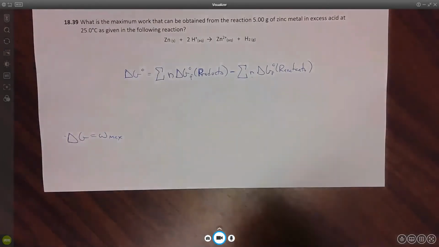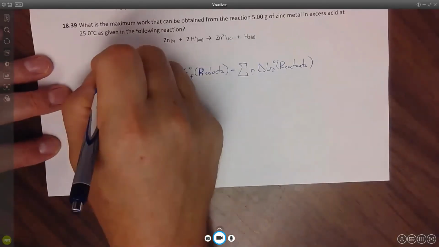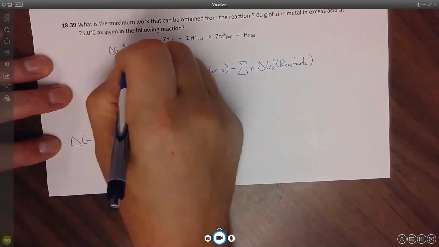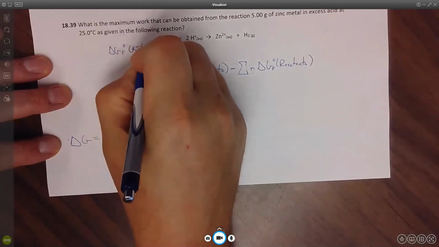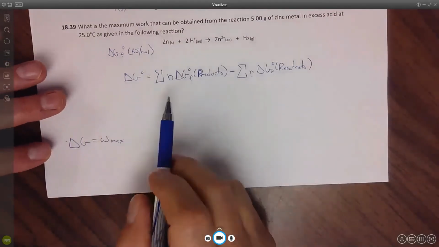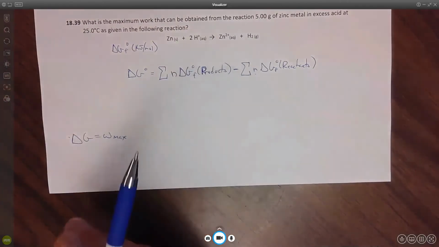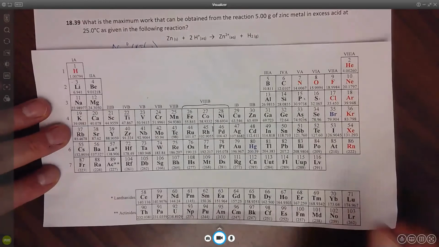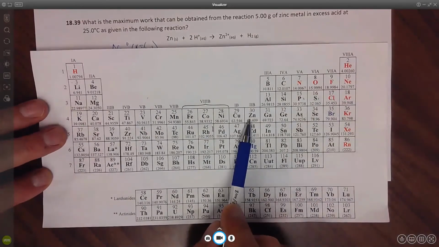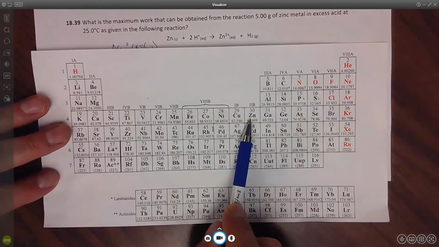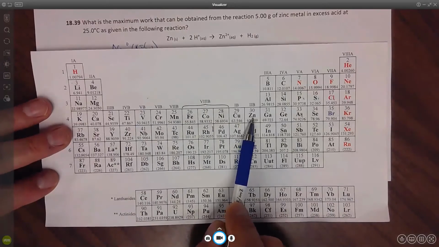Okay, so I will look them up. So the free energy changes, I will look in the tables of chemical data. And now I noticed that zinc solid, looking at my periodic table, is the elemental form. So what's the free energy change for it?